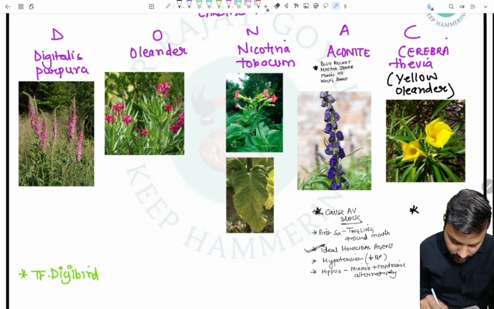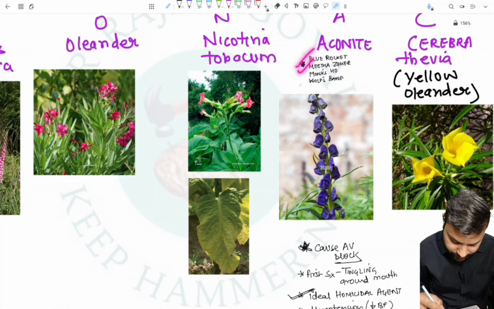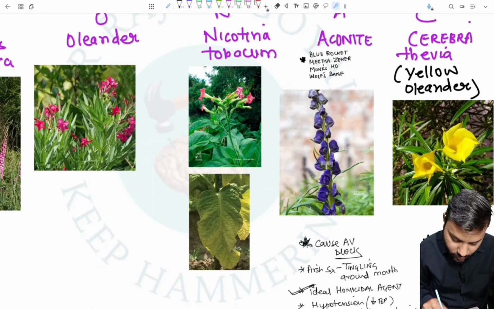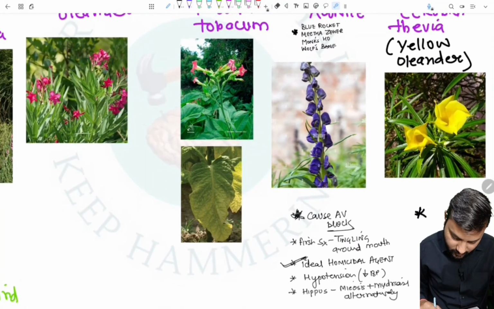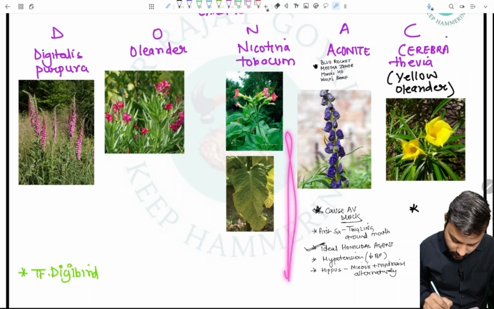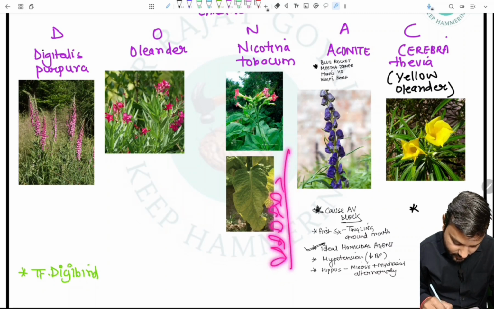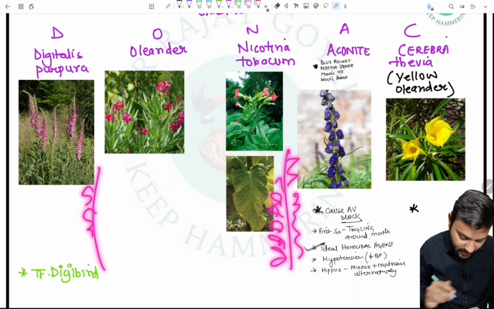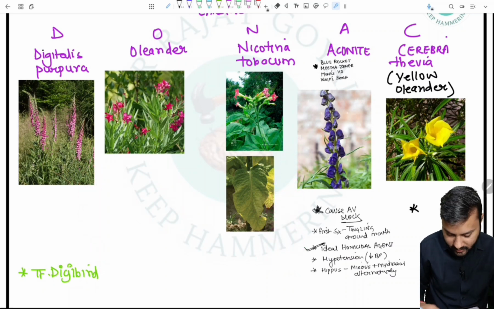If we talk about aconite, aconite is also called blue rocket, or meetha zahar, or wolf's bane, or monk's hood. In aconite we have to remember a rod-like structure in which many purple flowers are there. Rod-like structure with pinkish flowers is for digitalis purpurea, and rod-like structure with purple flowers is for aconite.